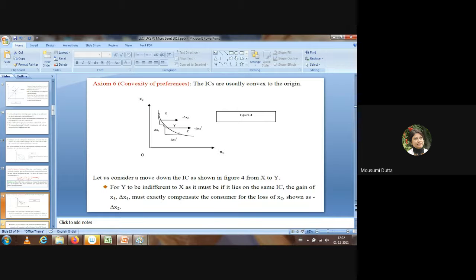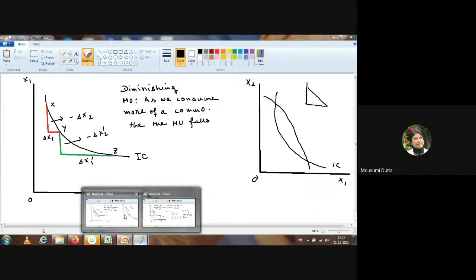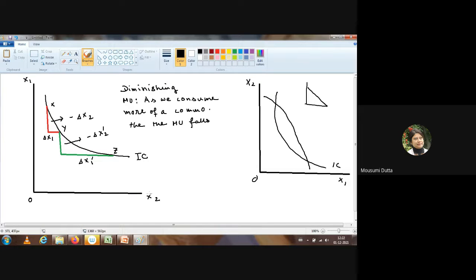Let me first discuss the thing here. Please concentrate on this part. So this is our indifference curve.